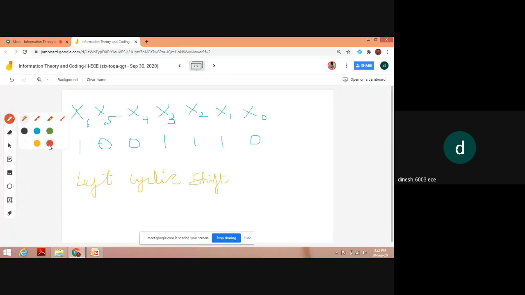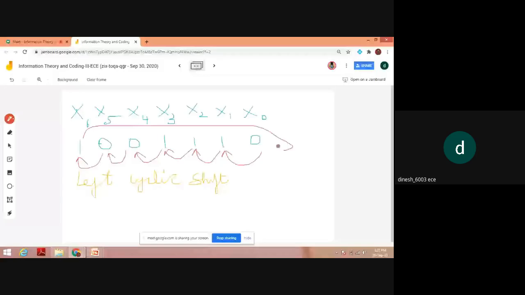Left cyclic shift is that this will come here, this will come here, and so on. And what about this last value? This value will go to this first position. So this is the cyclic property.